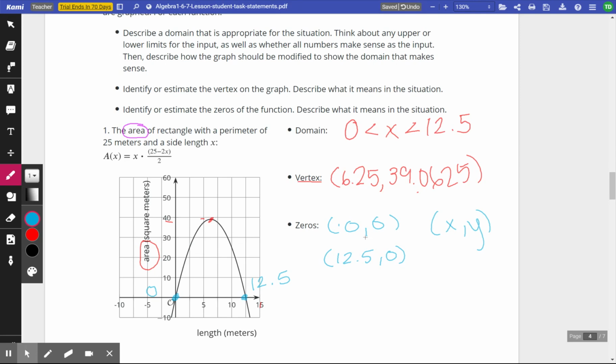What that's telling us is that at these two side lengths, y would be 0, meaning you have no area. The area would be 0. So that's why up here, if you remember back to our inequalities unit, I used less than and not less than or equal to, because we do not want x to be equal to 0, nor do we want x to be equal to 12.5, because that would result in an area of 0.